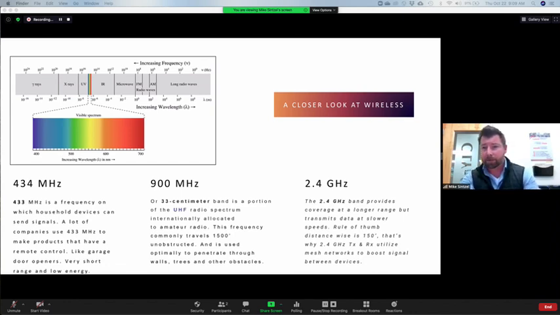So that's the three wireless frequencies that we're seeing in the market currently: the 434, the 900 megahertz, and the 2.4 gigahertz. As we progress past 2.4 gigahertz, I'm excited to see what the next step is. And we've all heard of 5G and everything like that.